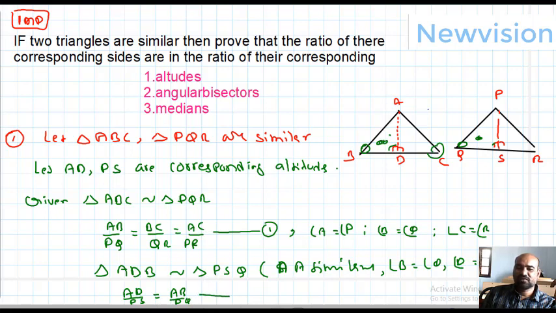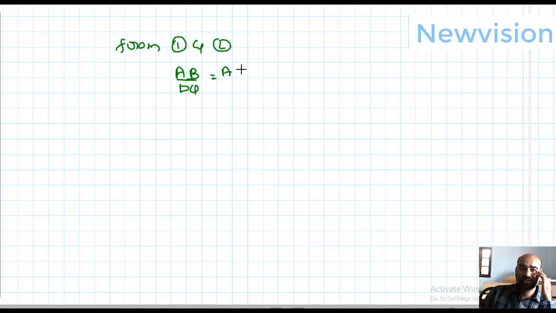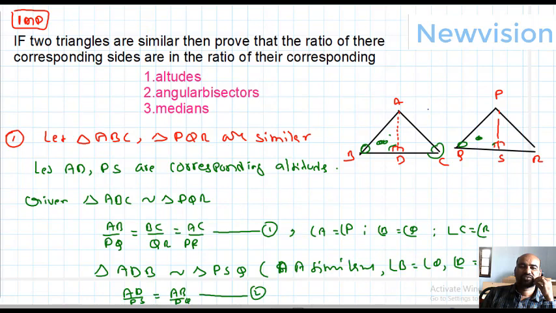I want to take this as 2. Observe 1 and 2: AB by PQ is common, so all are equal. From 1 and 2, what is the conclusion? AB by PQ equals AC by PR equals BC by QR equals AD by PS. Hence proved. First result completed.